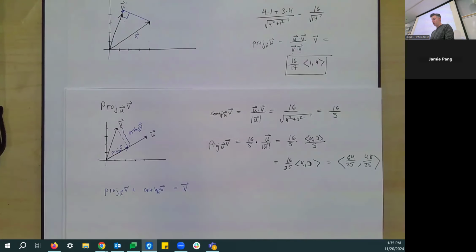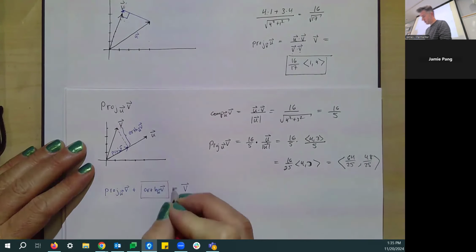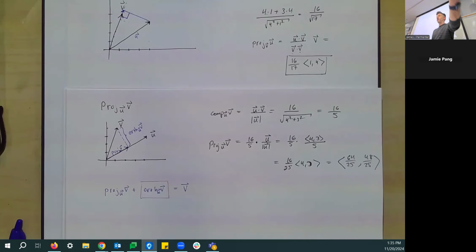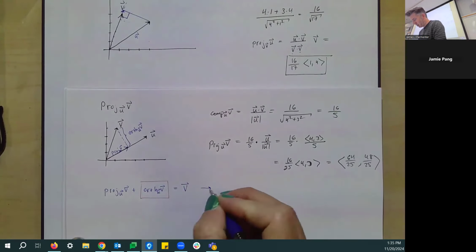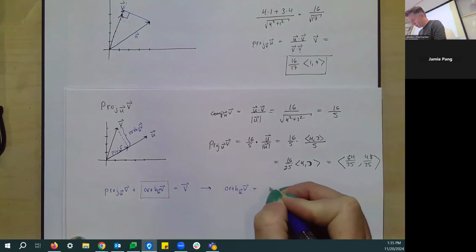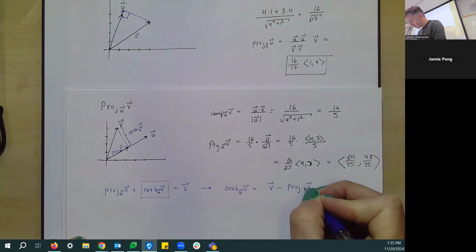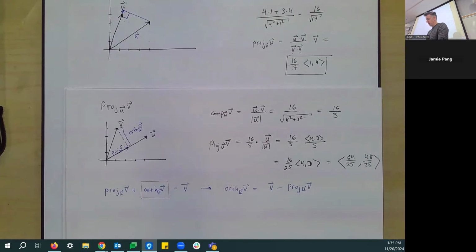So if I want to find just the orthogonal complement, or if you prefer the words perpendicular complement, that would be technically acceptable, but orthogonal is another word for perpendicular. We would say, okay, great. The orthogonal complement of v onto u is going to be the vector v minus the projection of v onto u. And then we would actually calculate it, right?